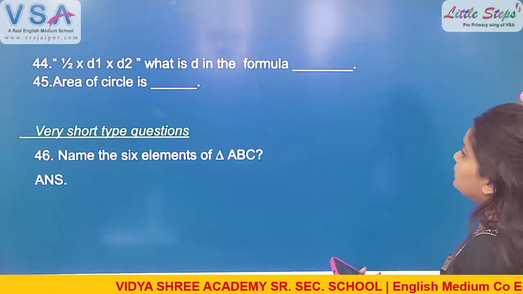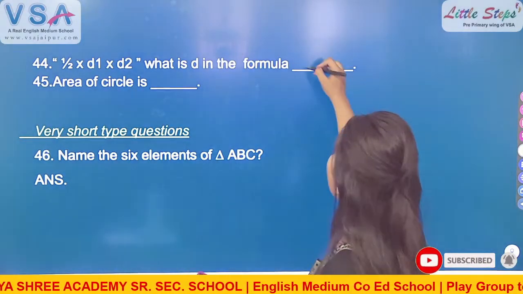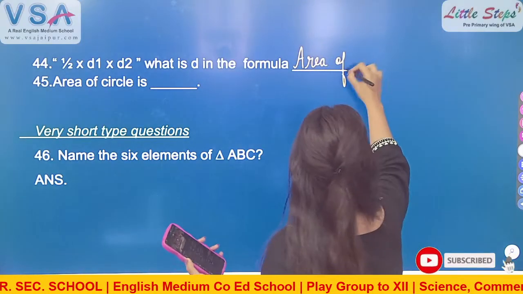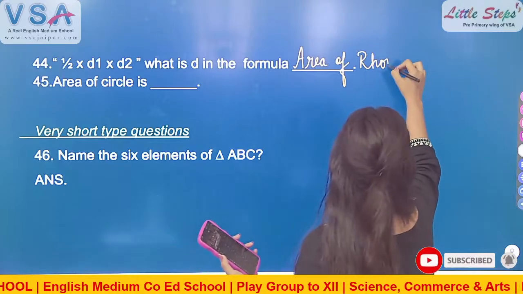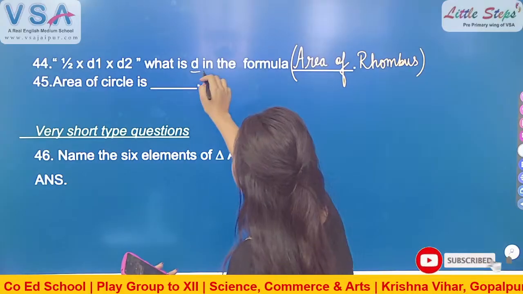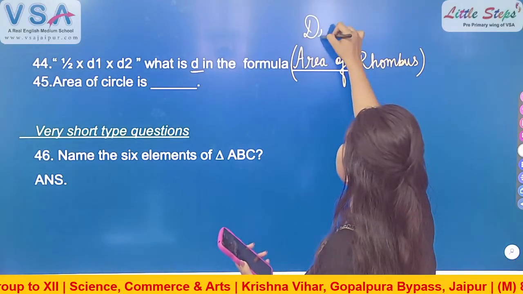Yes. Half into d1 into d2 is the formula of area of rhombus. But what the fill in the blanks is asking to you that d is. What d is? So the answer is d stands for diagonal.